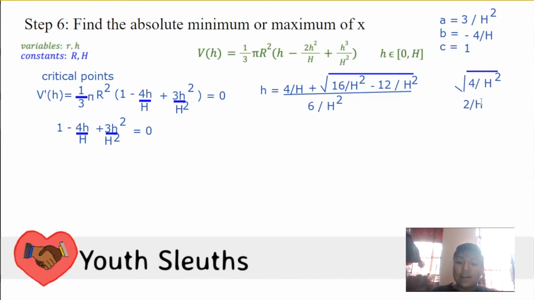So now that we found that, we bring it over. So we have 4 divided by big H plus or minus 2 over big H, and then divided by 6 over big H squared.